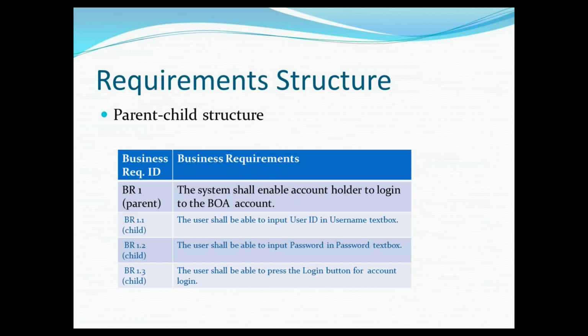Within this parent requirement, there are child requirements that describe how exactly the user or the subscriber will be able to log in. So BR1 is the parent requirement, and within it you have these three child requirements. BR1 has BR 1.1, 1.2, and 1.3.